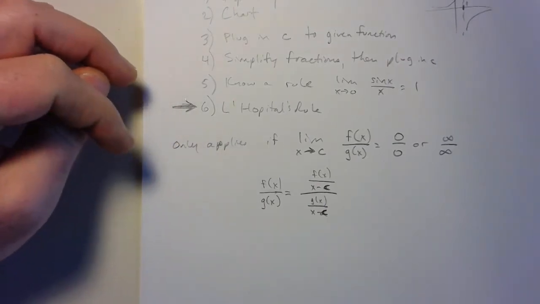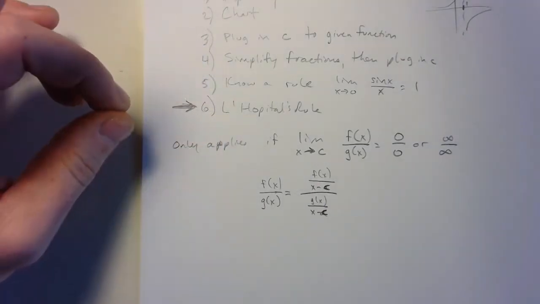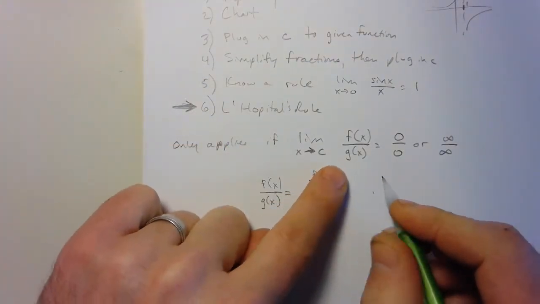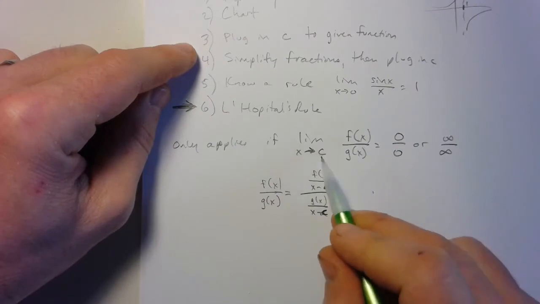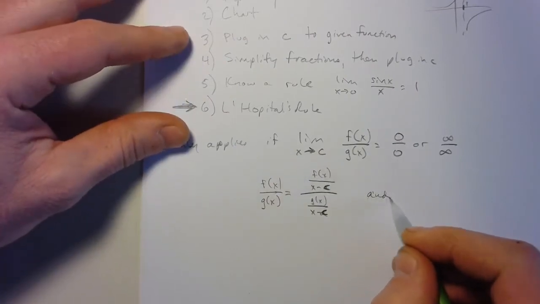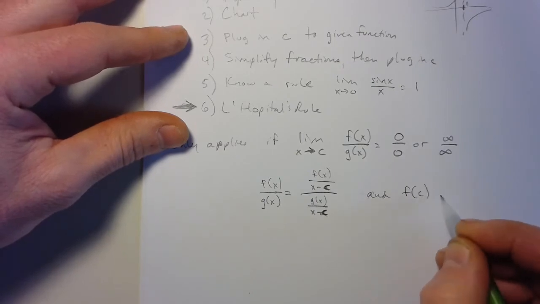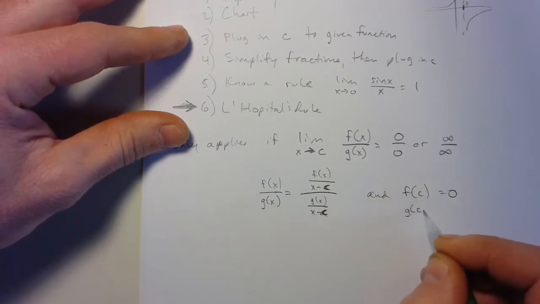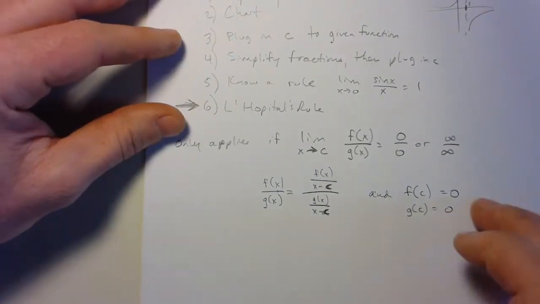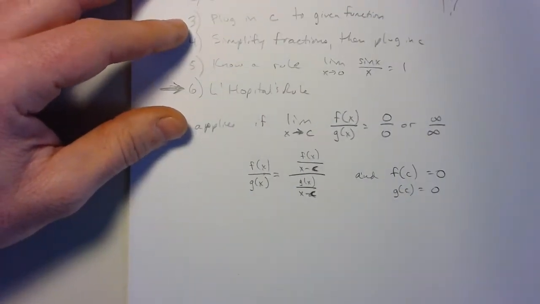Okay? So, I want to remind you that we had this condition that the top function and the bottom function both equal 0. So f of c equals 0 and g of c equals 0, right? That was one of the conditions. We could have also done this with infinity. It's a lot easier to prove with the 0.